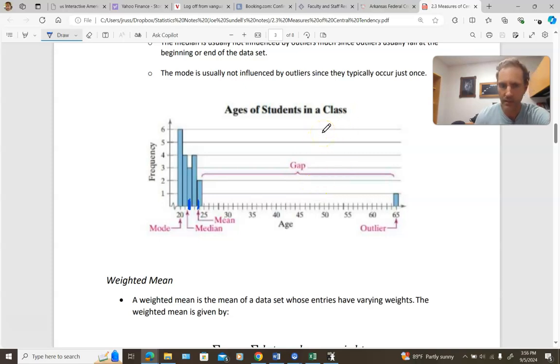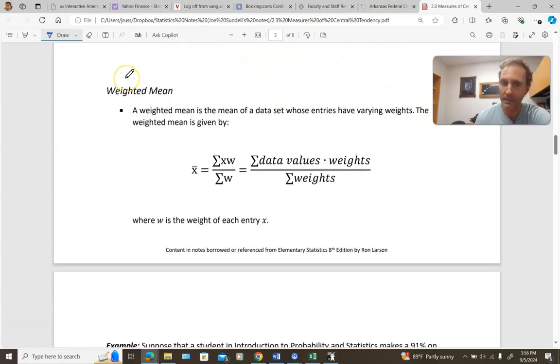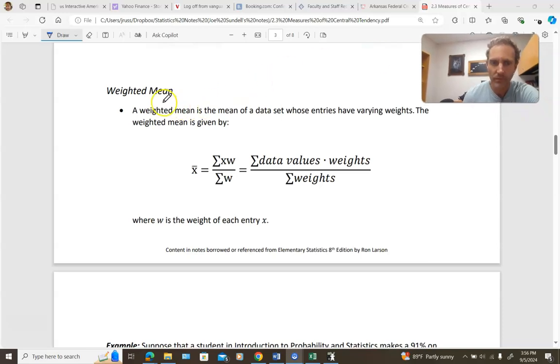Let's go to this next thing. So now what we're going to do is learn how to find a weighted mean. So a weighted mean is the mean of a data set whose entries have varying weights. And an example that we use a lot is, well, in this class, homework, I think, is like 20% of your overall grade.